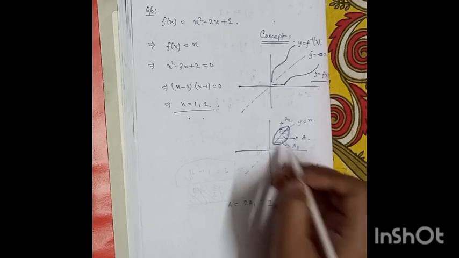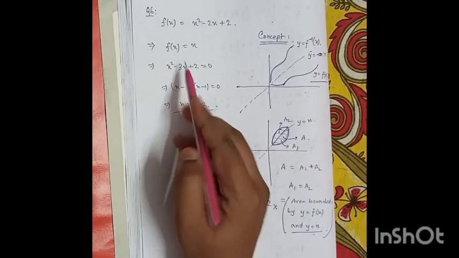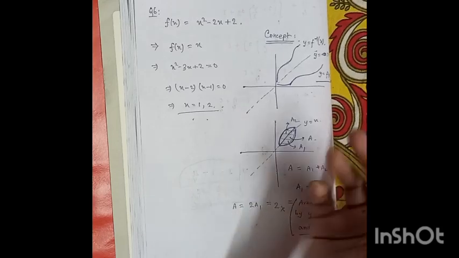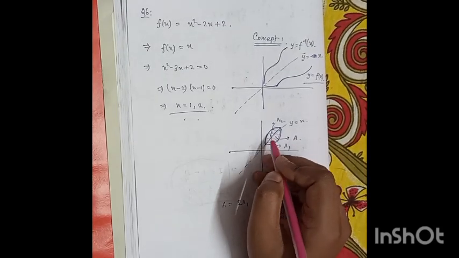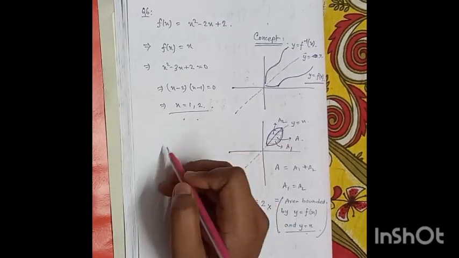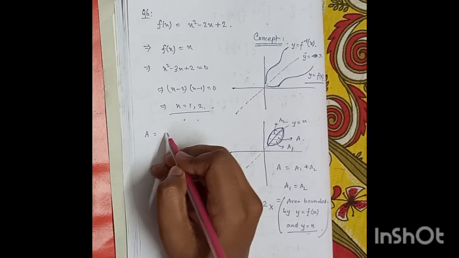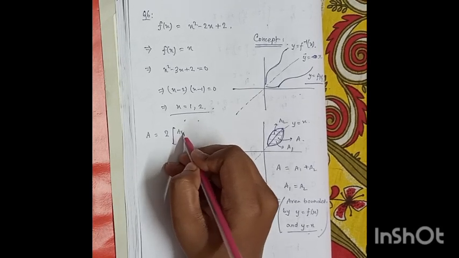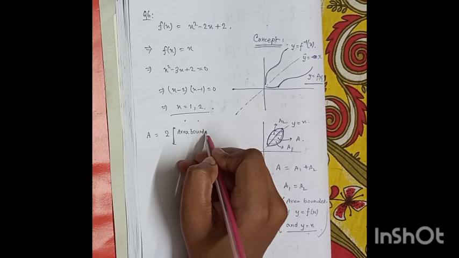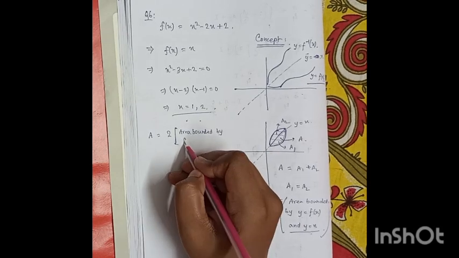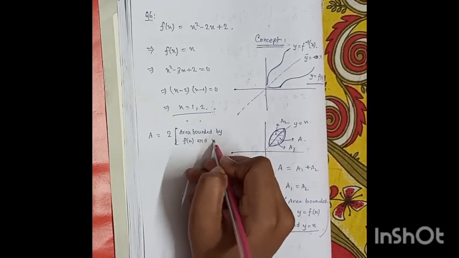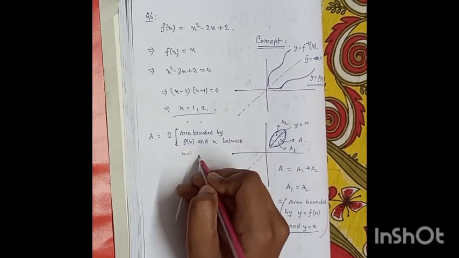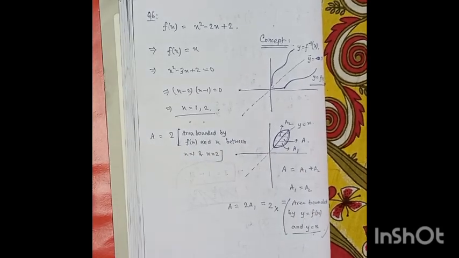So the total area bounded by that function f(x) and its inverse, f inverse x, will be 2 times the area bounded by f(x) and x between x equal to 1 and x equal to 2.